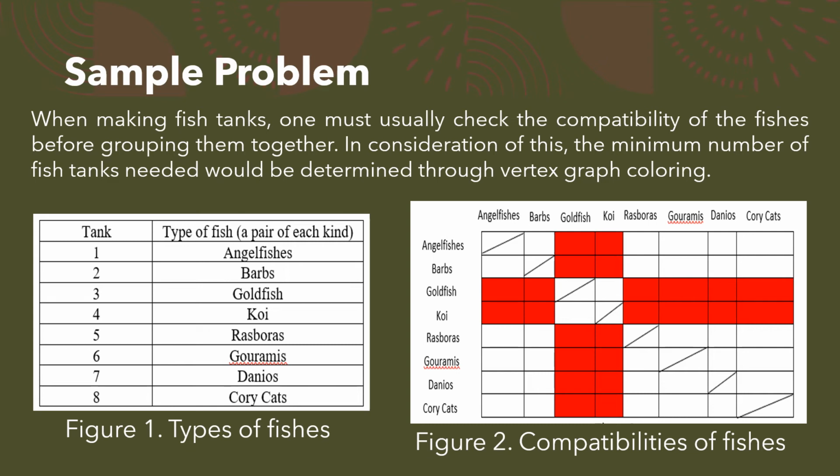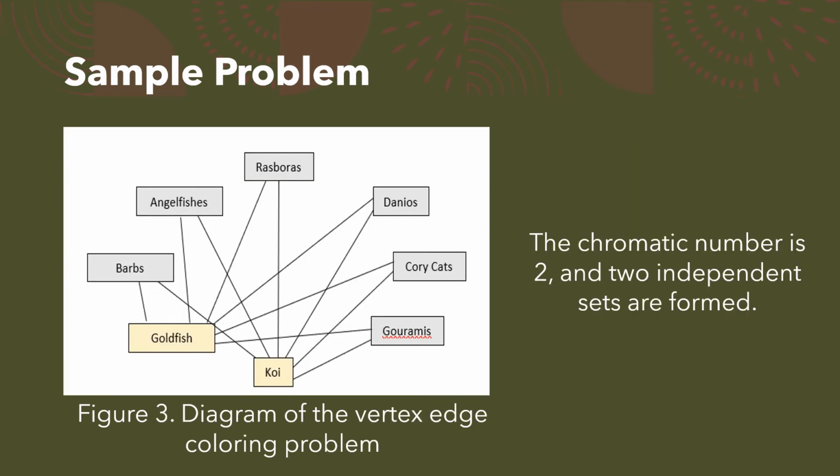Moreover, since one must usually check the compatibility of the fishes before grouping them together in the same fish tank, their compatibilities are then checked through Figure 2, wherein the intersection between species that are incompatible are shaded red. By knowing their incompatibilities, the diagram presented in Figure 3 is formed, where each type of fish is represented by vertices, while the edges serve as a connection between the types that are incompatible.